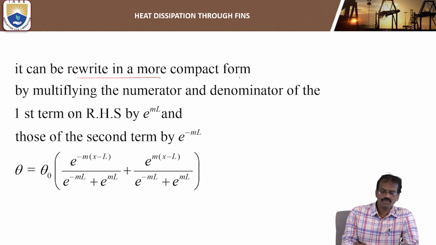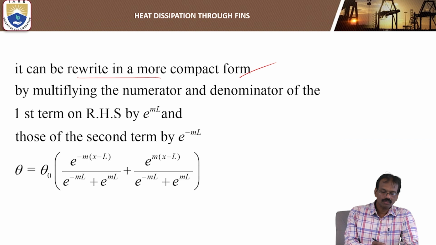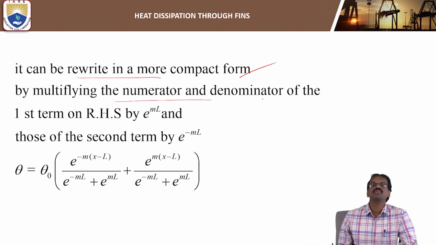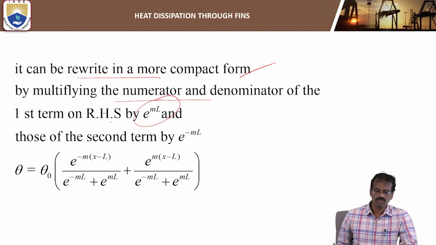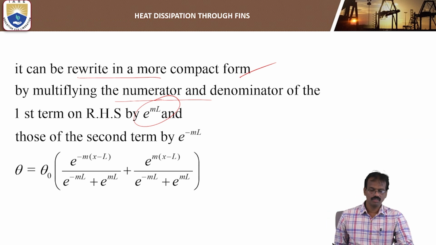It can be rewritten in a more compact form by multiplying the numerator and denominator of the first term on the RHS by e to the power of ml. So multiply e to the power of ml with the numerator and denominator.